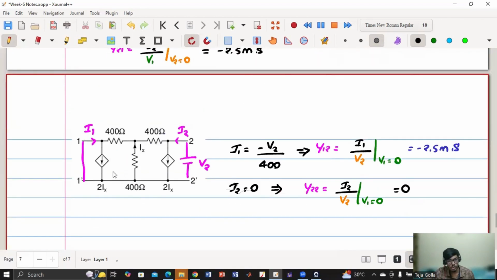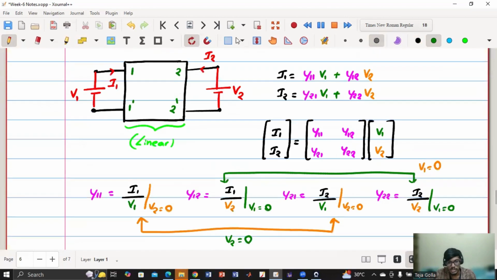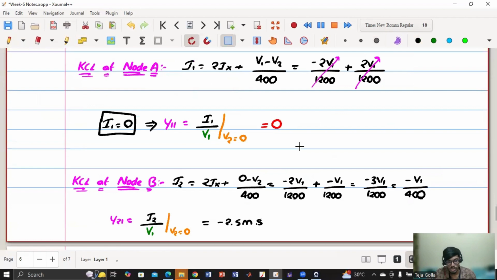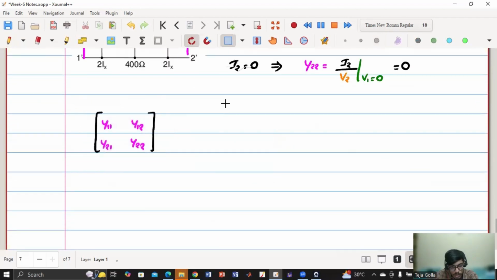So you need not do it all over again for V1 equals 0, because the circuit is symmetric. If we have solved one part, you will automatically get the other part. So if we write the matrix Y11, Y12, we have 0, 0, minus 2.5 milli, minus 2.5 milli.